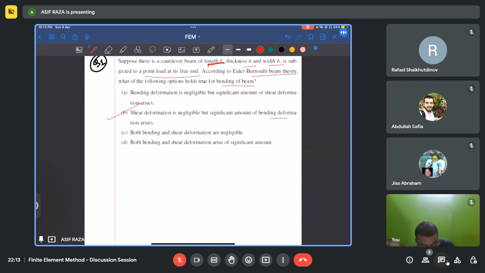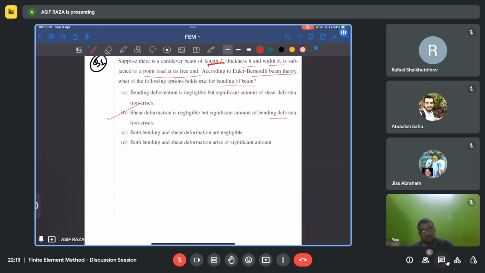Okay, so there are two things into play here. There is a transverse force present, that is the point load at the end. It is not a pure bending case where we induce a bending moment directly; rather, we are inducing the bending moment using the point load at the end.